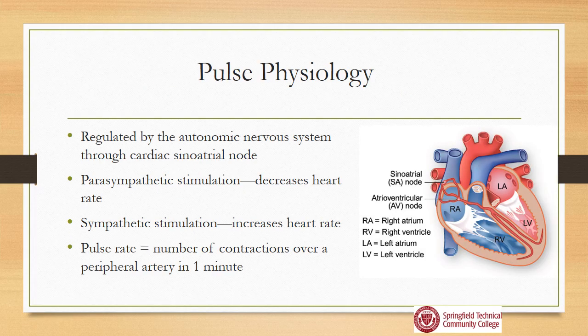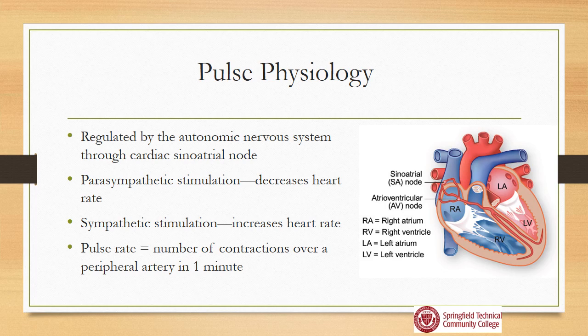Moving on to pulse, the physiology of the pulse is regulated by the autonomic nervous system through the cardiac sinoatrial node. As you can see over here, there's your SA node. This is the basis for the electrical activity of the heart, and it's affected by both the parasympathetic and the sympathetic nervous system.